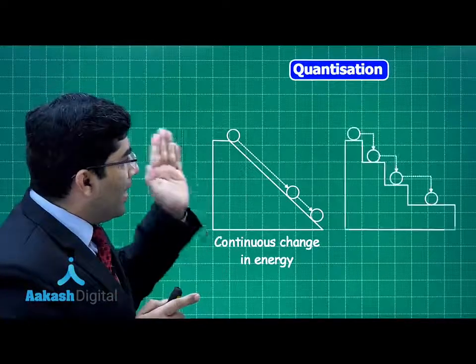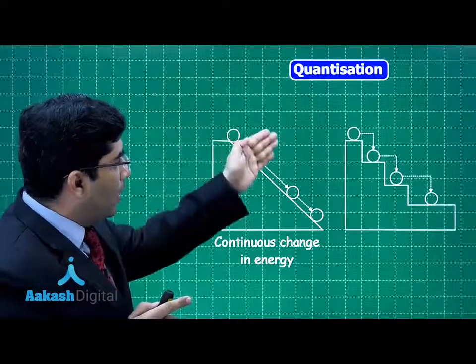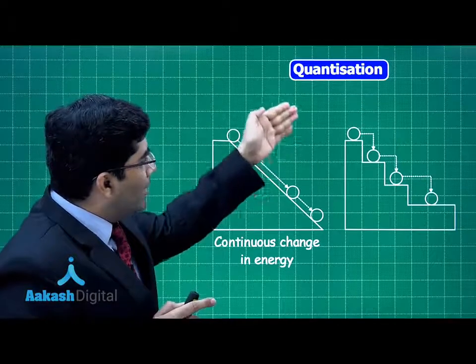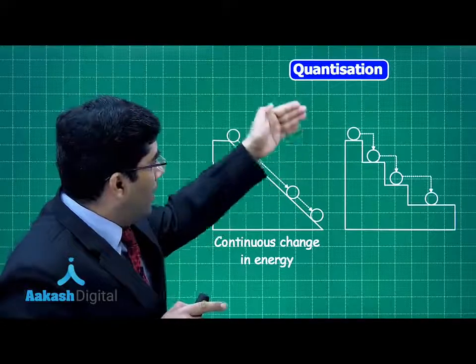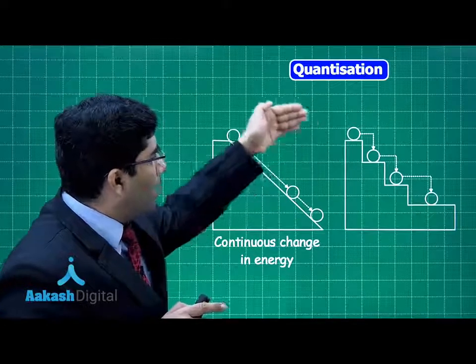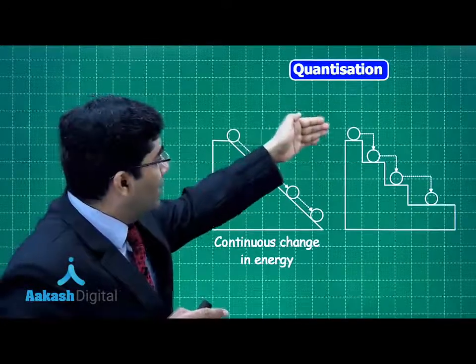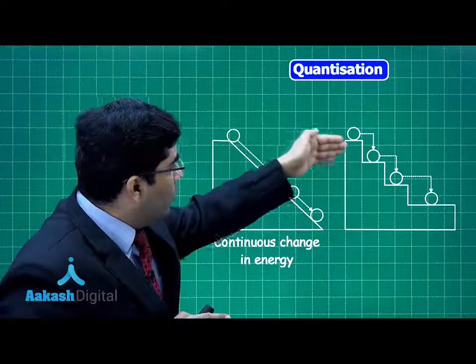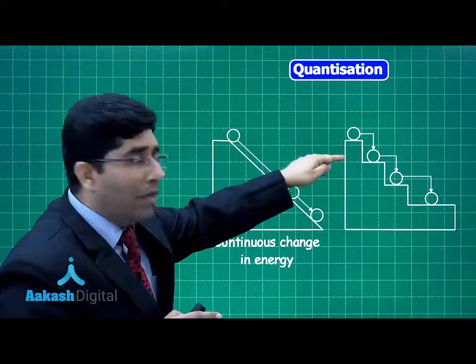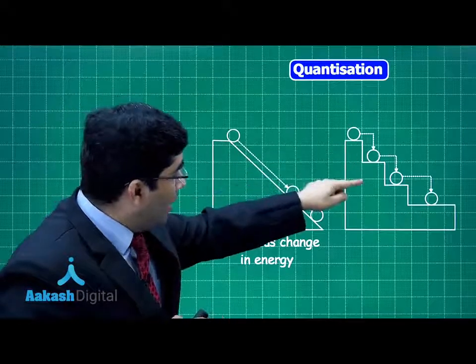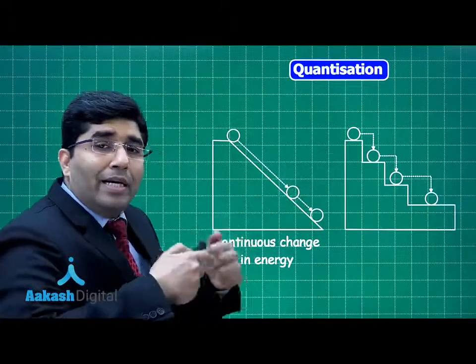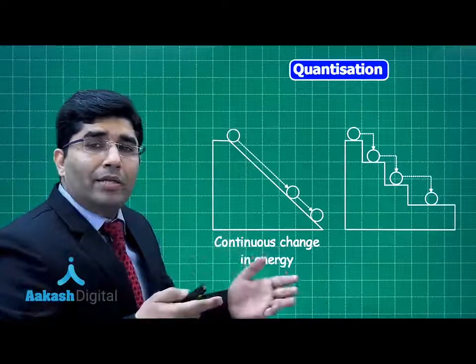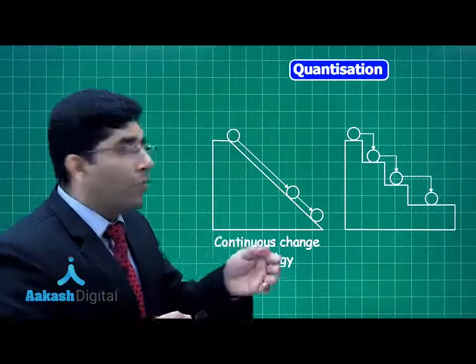But if we take another example, this one, the energy is decreasing in steps. For example, if this ball has some potential energy, it decreases by x joule. If it comes down, it will come down another x joule, then another x joule. So it is decreasing its potential energy in steps.